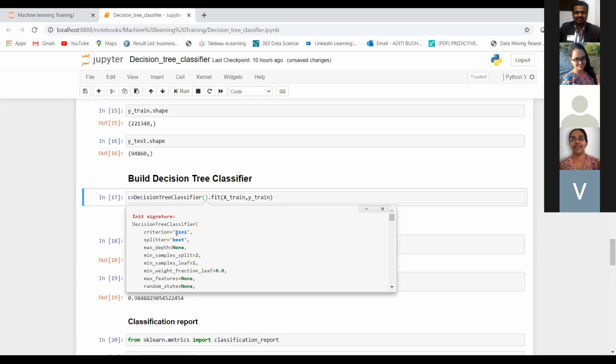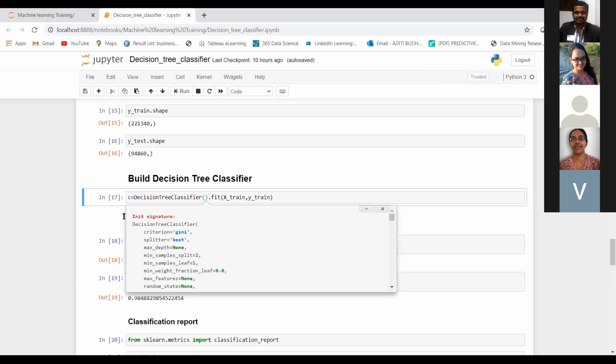But when you pass this parameter, let's say criterion, I need entropy, you should specify that. These are the parameters, and we call them hyperparameters. So the parameters of a model are known as hyperparameters. We can specify all of these parameters in order to improve the accuracy or the performance of our model.